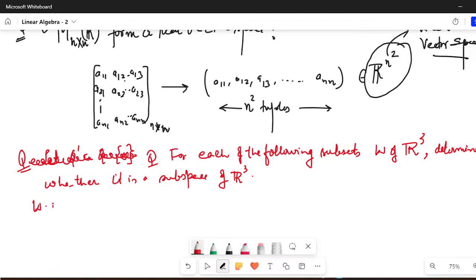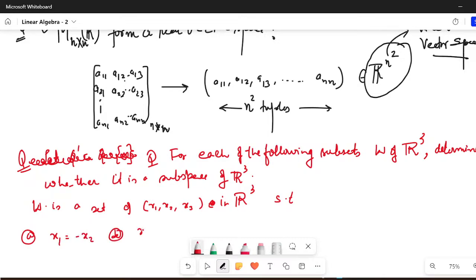W is the set of (x1, x2, x3) in R cube such that: option A, x1 equals minus x2; option B, x1 square is greater than or equal to 0; option C, x1 x2 is equal to 0; and option D, x1 plus x2 plus x3 equals.